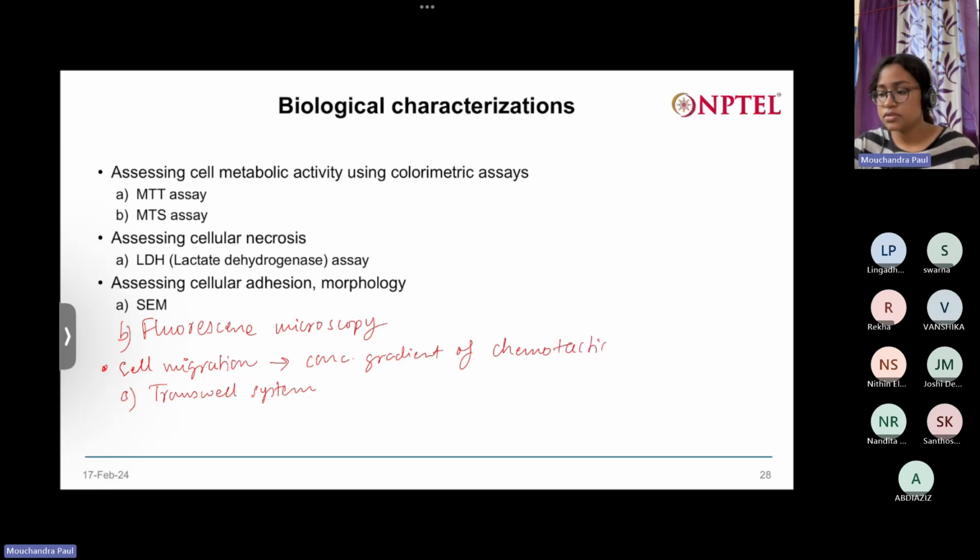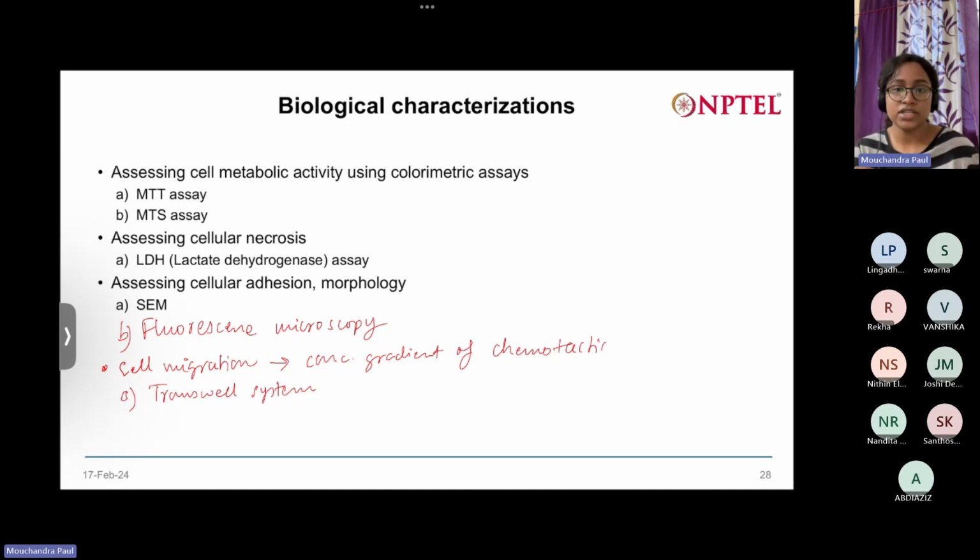These chemotactic agents are nothing but small molecular weight protein molecules which are released by a signaling cell, and these molecules diffuse. As they diffuse passively, they create a concentration gradient, and the receiving cell responds to it.